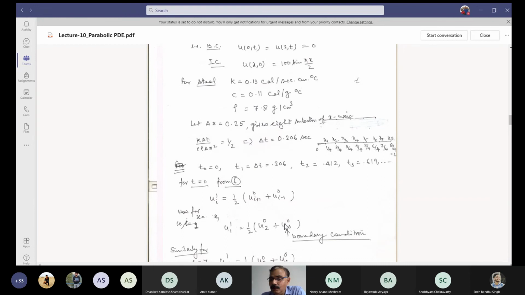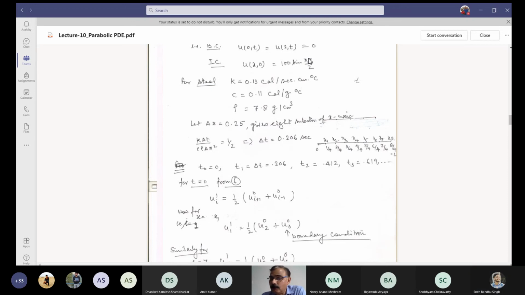Now, fortunately here both are same. u(0,t) is also 0, and u(x,0) at x equal to 0 will also become 0 here.